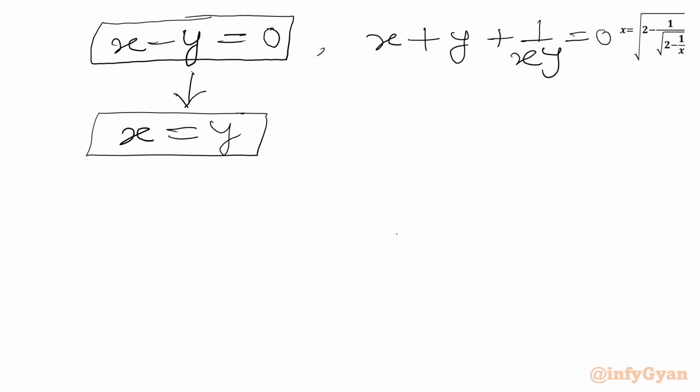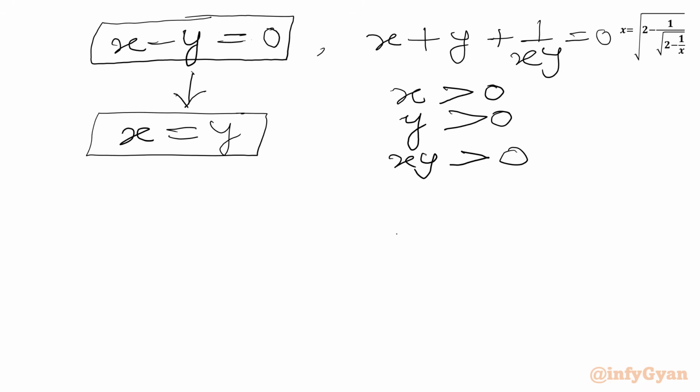Now from our condition on x and y, x is positive for x to be real, and y must also be positive as per the square root condition. So we can write here x times y must be positive, x plus y must be positive.